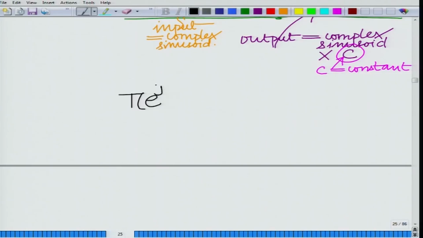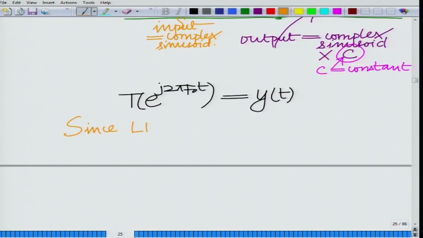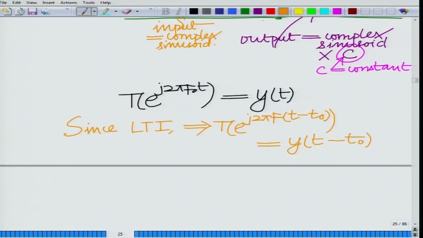Let T of e to the power of j 2 pi f naught t be equal to y of t. Since the system is shown to be LTI, a linear time invariant system, this implies T of e to the power of j 2 pi f naught (t minus t naught) equals y of t minus t naught.